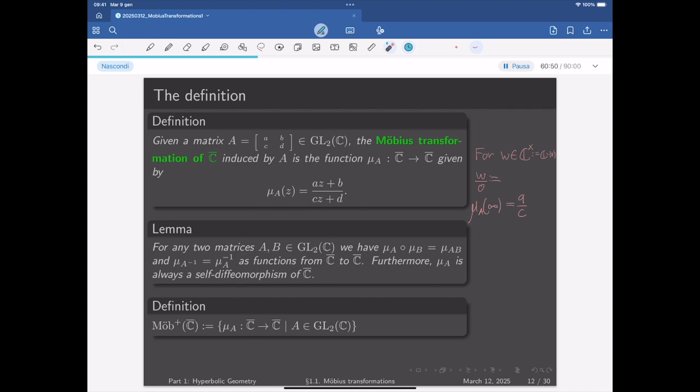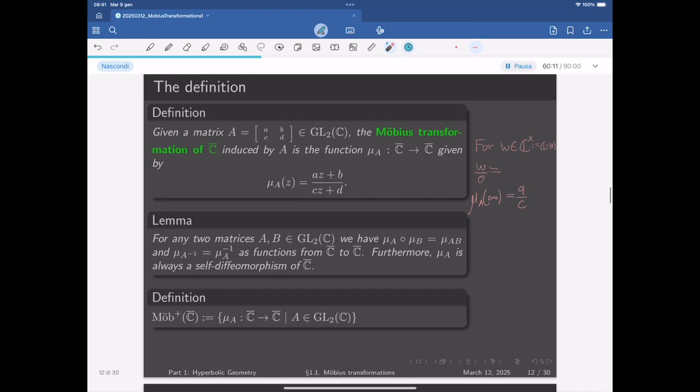Now we denote by Möb plus C bar the set of all functions that are Möbius transformations. This plus has to do with orientation preserving, since later we will mention some transformations that are not orientation preserving.